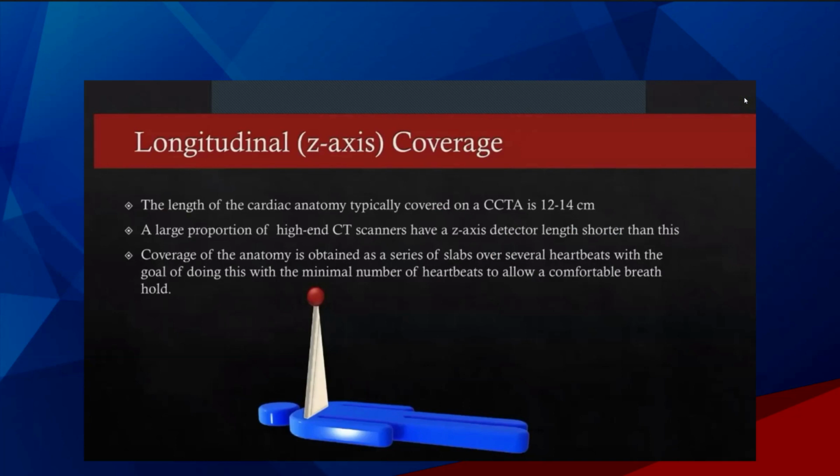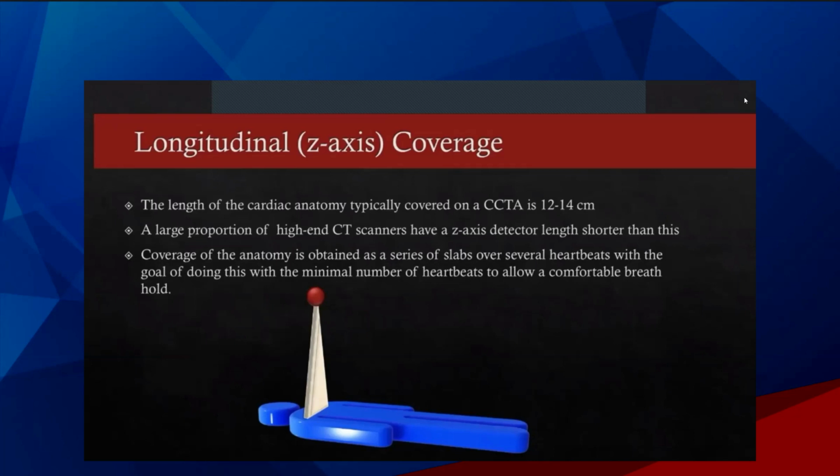Ideally, the cardiac volume would be covered in a single heartbeat, considering that the cardiac anatomy is typically 12 to 14 centimeters, and the majority of scanners still use a shorter Z-axis coverage length. We need to implement different techniques to be able to cover the anatomy of interest.